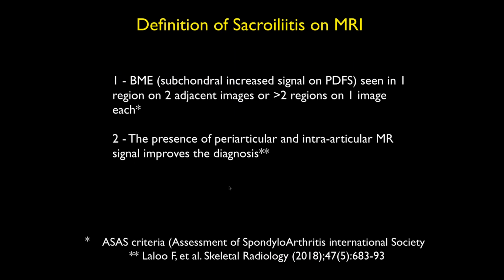Okay, so what are the things that we'll be looking for is sacroiliitis on MR. And this is a working group really primarily out of Canada that came up with criteria. These criteria are not really very good. If you look for bone marrow edema, which is really subchondral increased signal intensity on PD fat set or other fluid sensitive images, it's not always edema.